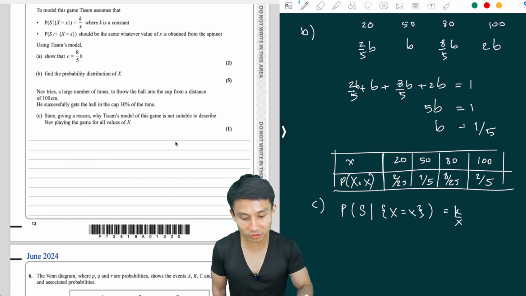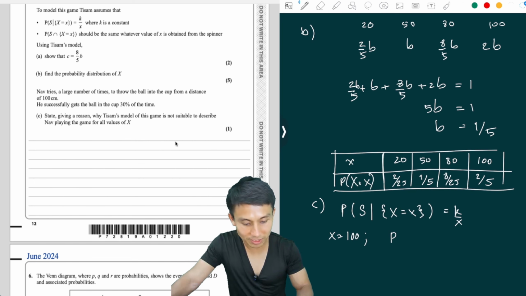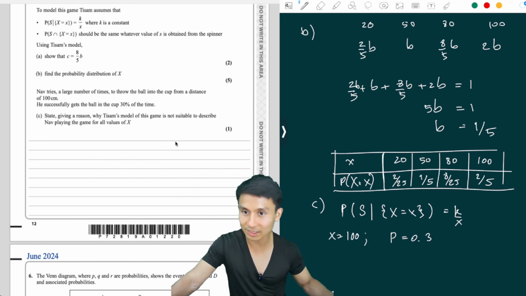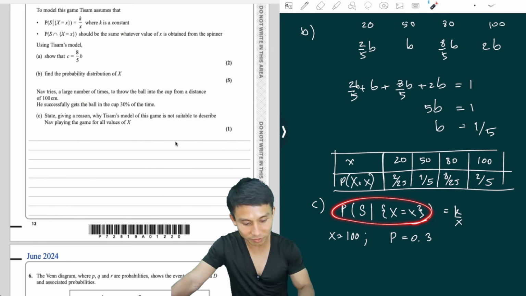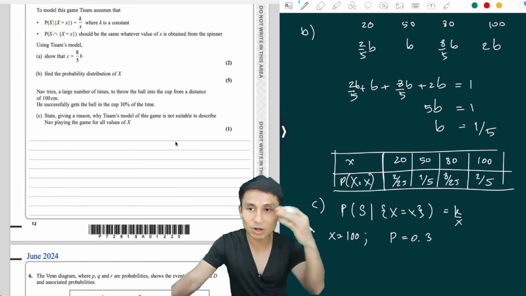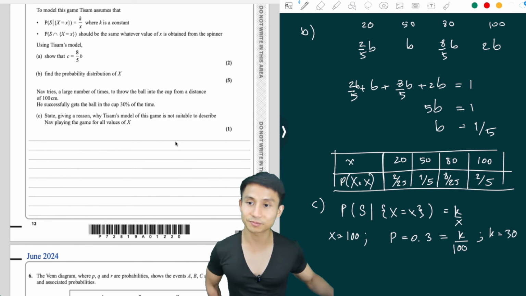So we're going to try use that for x equals 100. Let's see what Nav is trying to get here. So the probability is 30%, and that is 0.3. So it's just basically this whole thing being 0.3. But if we try equate that to k over x and x being 100, we obtain k equals 30 here.